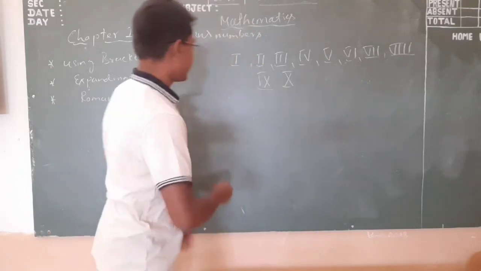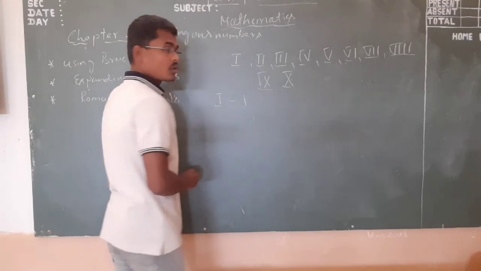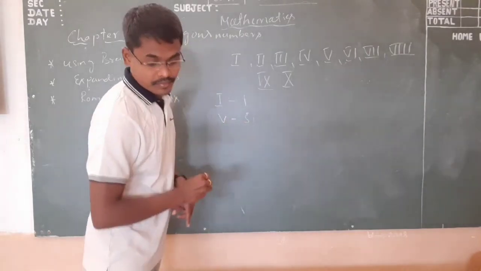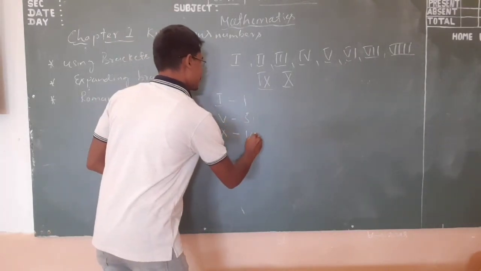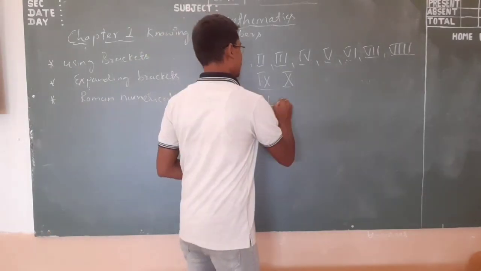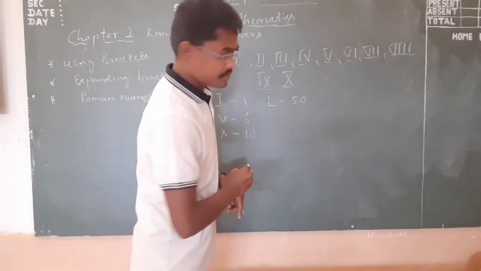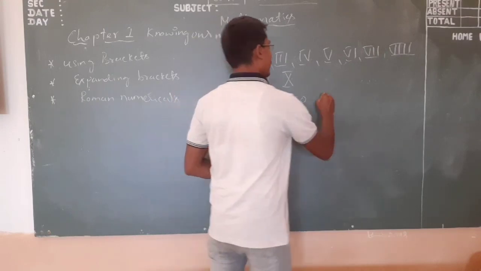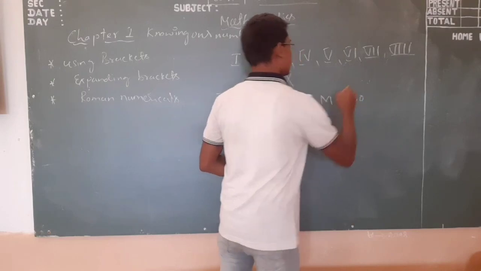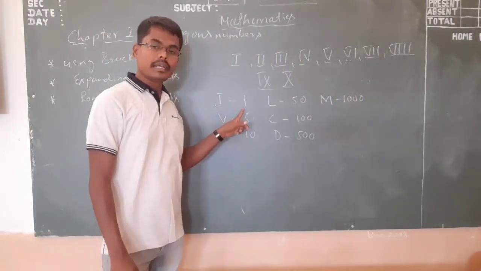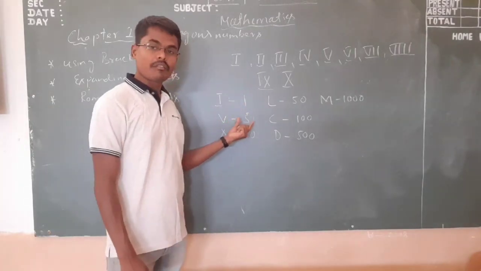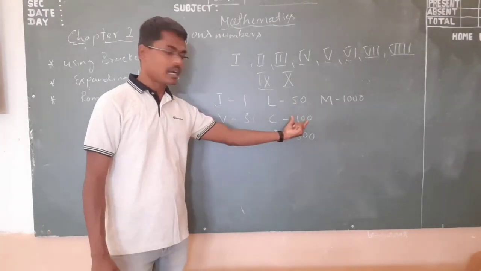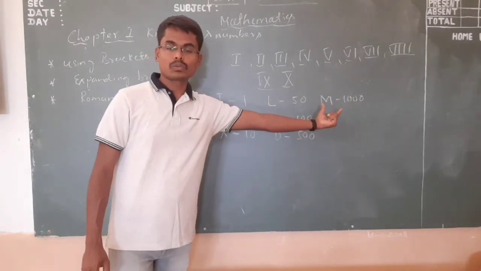The very first one they have given is I, then this is V, this is X, and this is L, and this is C, and this is D, the last one is M. Now students, look at here, this I indicates number 1, and this V indicates 5, and this X indicates 10, and this L indicates 50, and this C indicates 100, this D indicates 500, and the last one M indicates 1000.